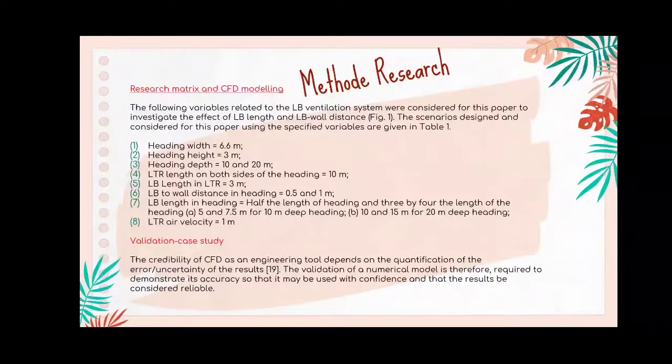The scenarios designed and considered for this paper using the specific variables are given in Table 1. We can see at number 1 until number 8, that is Table 1.